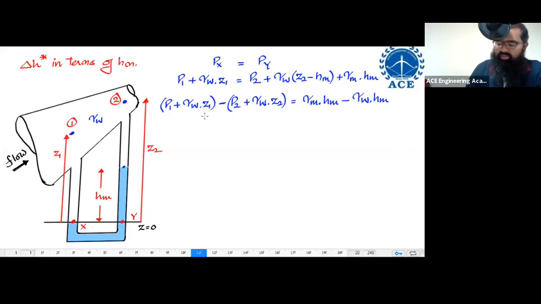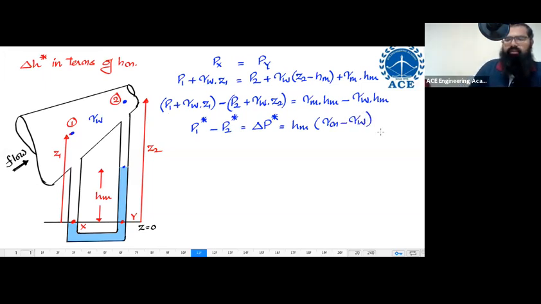Now this pressure over here is P1 star, minus this pressure over here, P2 star. So P1 star minus P2 star is basically delta P star, which is equal to HM multiplied by gamma M minus gamma W. Now I can say delta P star is this much.